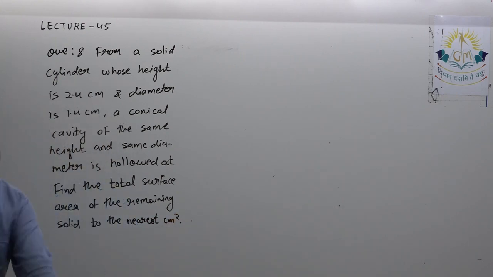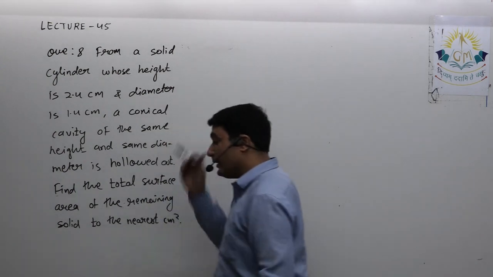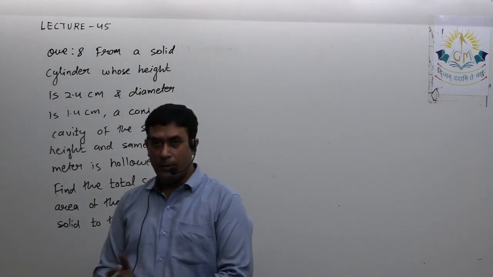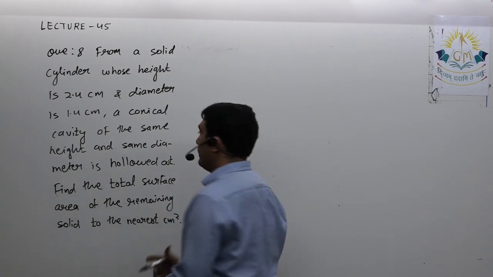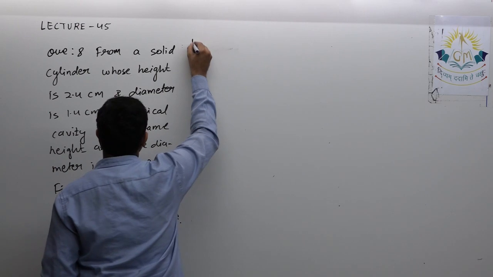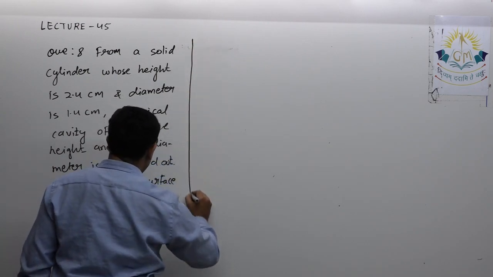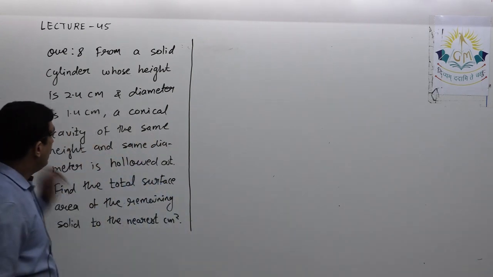So it is almost similar to the question that we solved in the same lecture. Over there, they scooped out a hemisphere from one side of the cylinder, and over here, a conical cavity is taken out, scooped out, or hollowed out, whatever you say, from a cylinder.